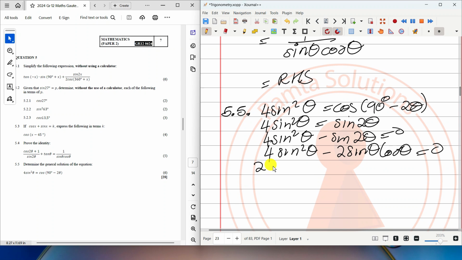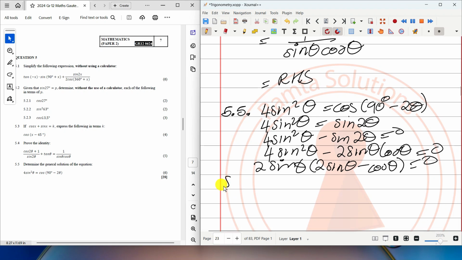Our common factor is 2 sine theta. We are left with 2 sine theta minus cos theta is equal to 0, isn't it?